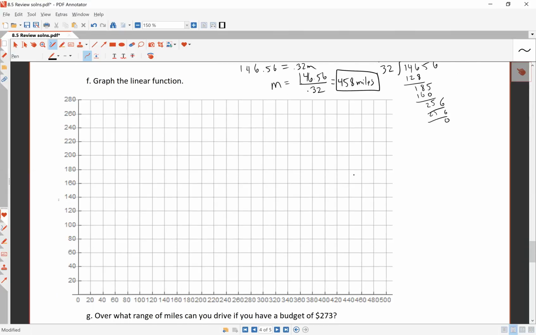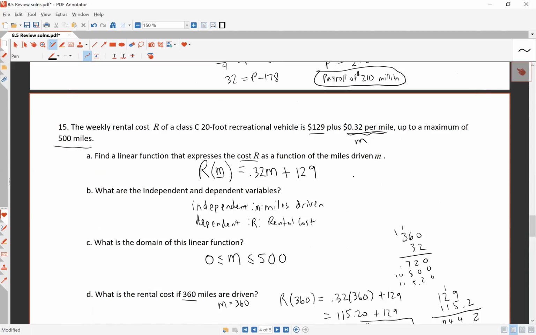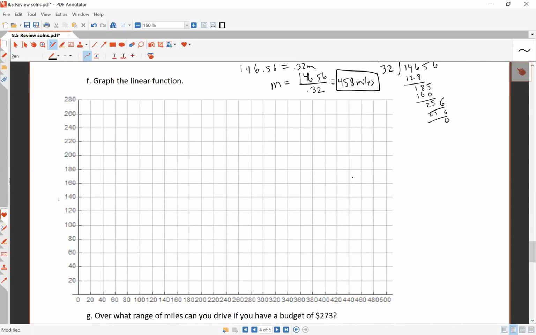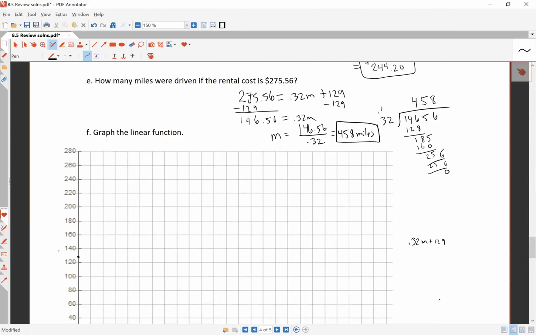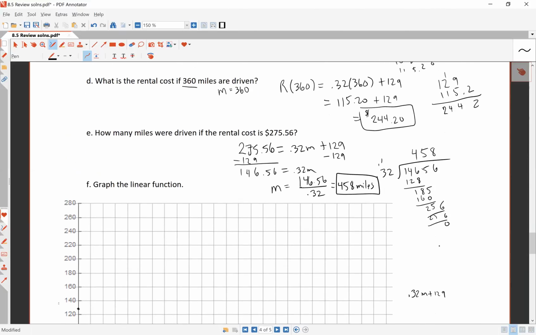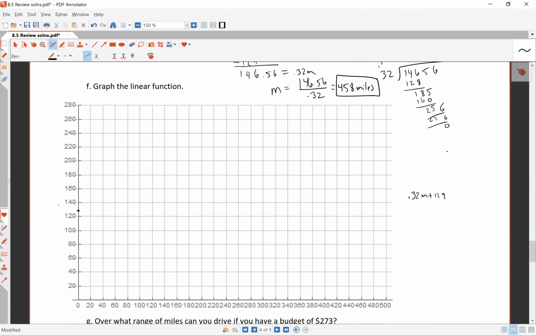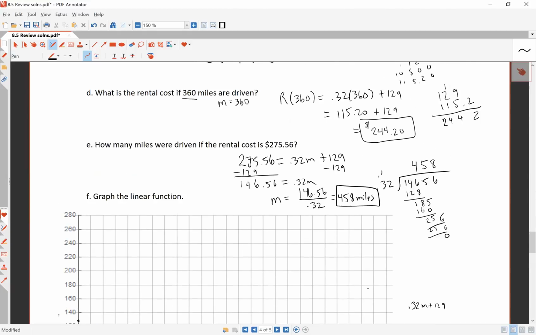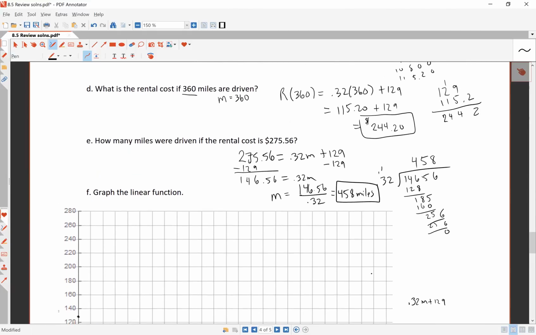We know that R of M is 0.32 M plus 129. That means if no miles are driven, we're paying $129 to drive this thing. Using these values we just found, if 360 miles were driven, then the rental cost $244.20.